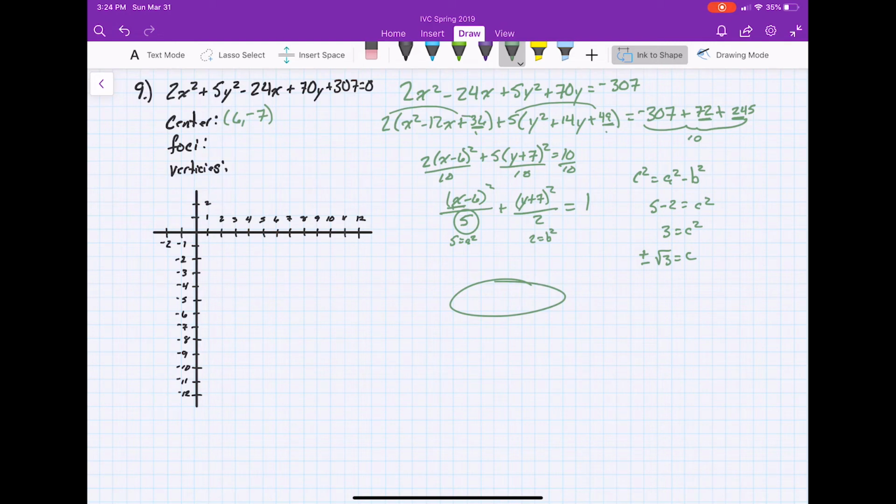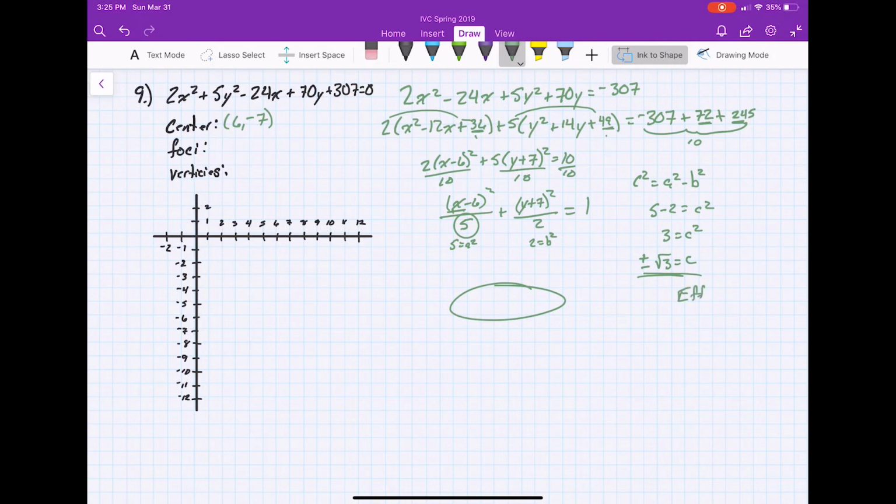So when we're looking at our foci using the c we just found, we are basically going to take 6, and this affects the x in this case because of that horizontal oval. So we'll just do 6 plus or minus the square root of 3, comma, negative 7. That is our foci, the two of them.